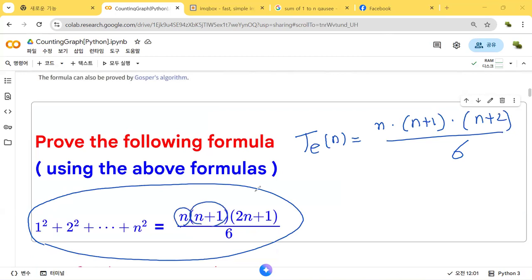The only difference is this is 2n plus 1, but there is n plus 2. So this is the difference. But we can see there is a kind of connection between tetrahedral number formulas and sum of squares formulas. So this is our formulas.